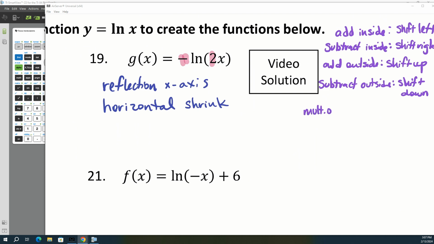Multiply outside by a number greater than 1 is going to be a vertical stretch. Multiply outside by a number that's between 0 and 1, that's going to be a vertical shrink.